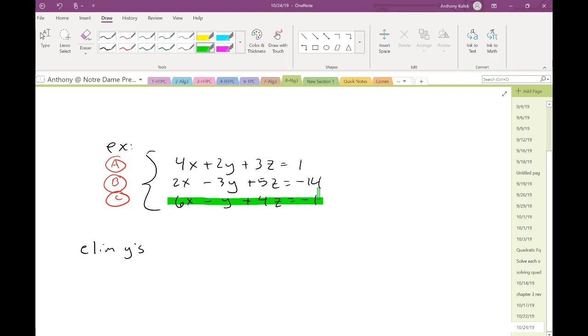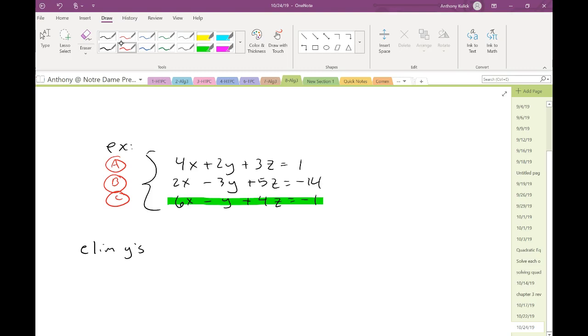Basically, I'm going to use equation C to eliminate the y's from equation A, and then I'm going to use equation C to eliminate the y's from equation B. So, what do I need to multiply equation C by so that when I add it to equation A, the y's will eliminate? 2.